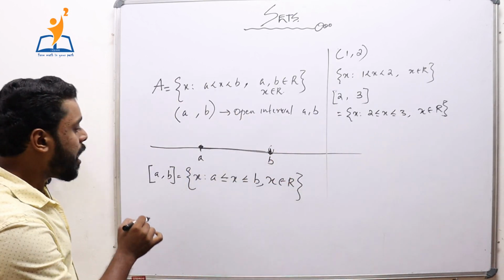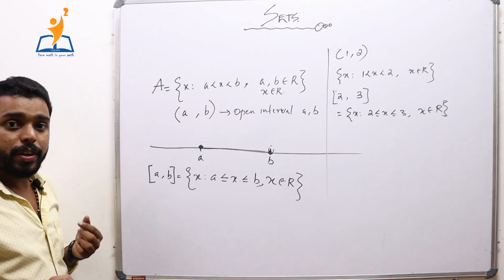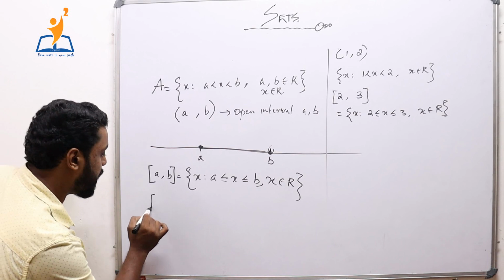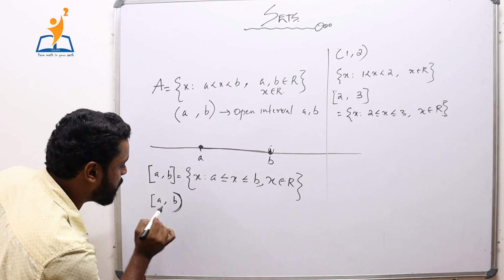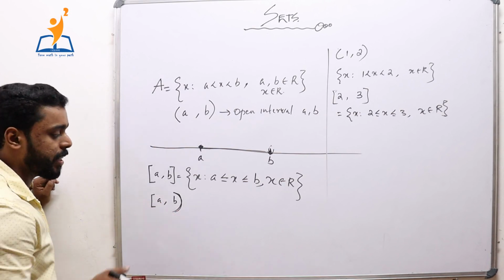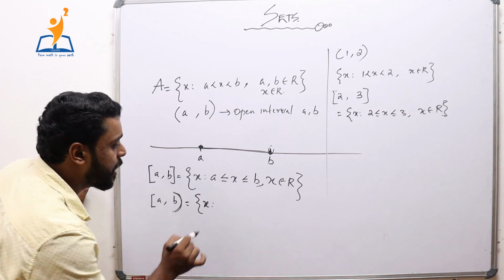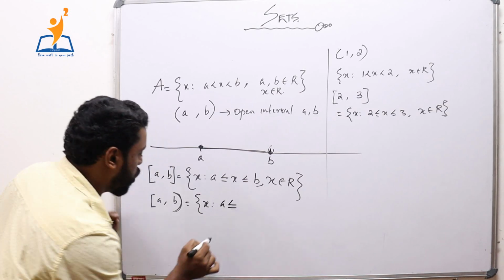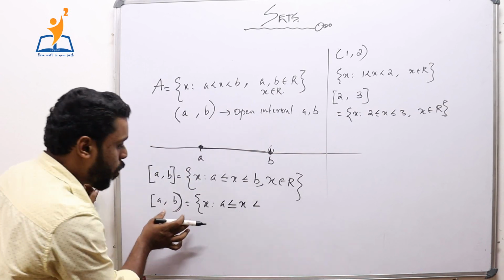Now, we can make semi-closed intervals, closed at the left and open at the right. See, closed interval A comma open B. So this is closed in the left and open in the right. This is nothing but the set of all x such that A is less than or equal to x, closed in the left, less than B, open in the right.